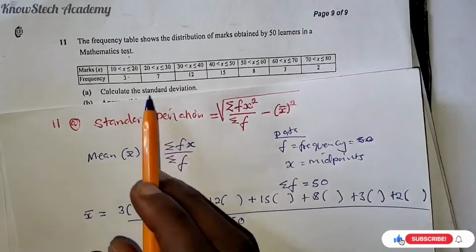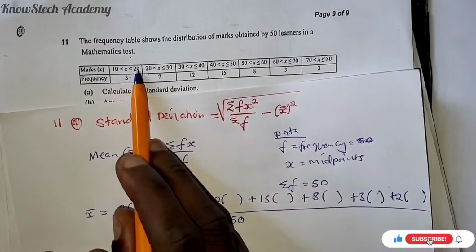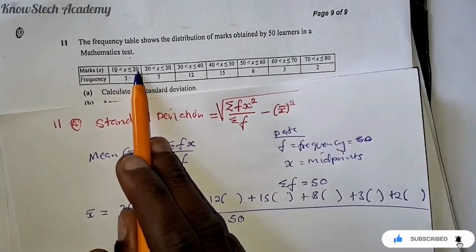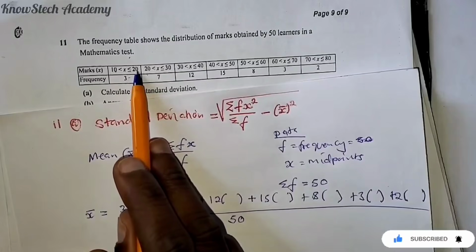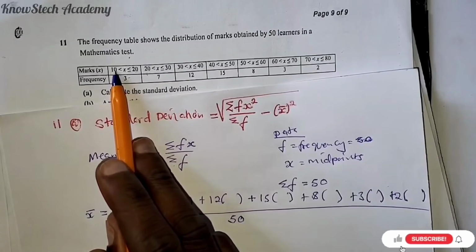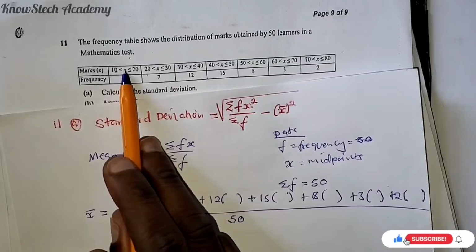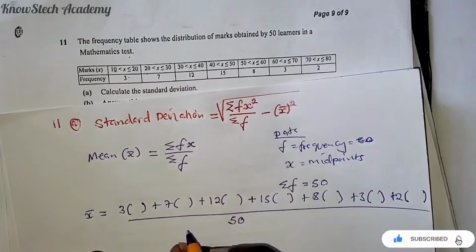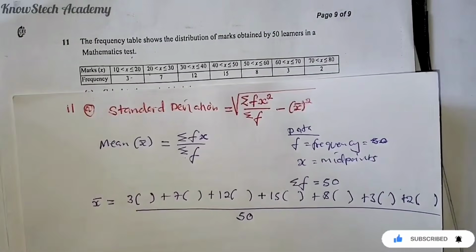Now let's substitute the midpoints. This is grouped data. What is the midpoint between 10 and 20? You add 10 plus 20, which is 30, and 30 divided by 2 is 15. So just add 5 to the first number: 10 plus 5 is 15, 20 plus 5 is 25, then 35, 45 will be our midpoints.